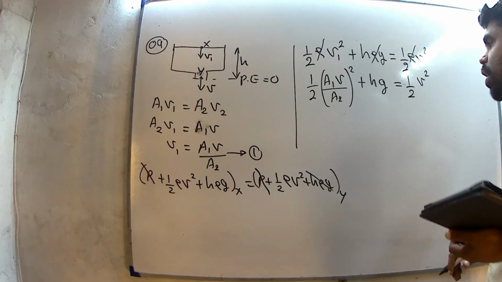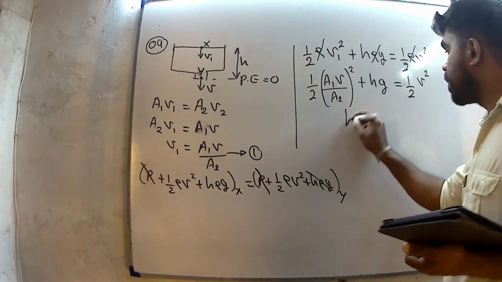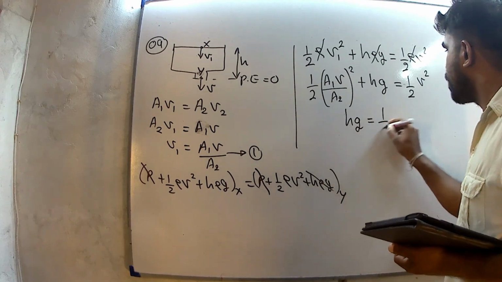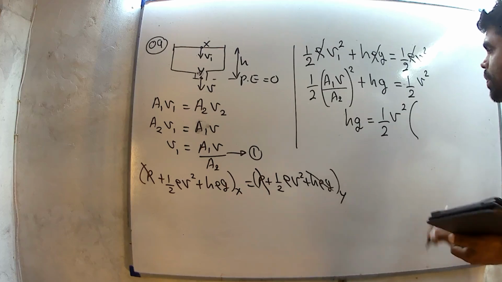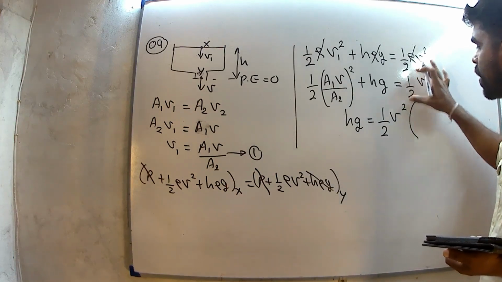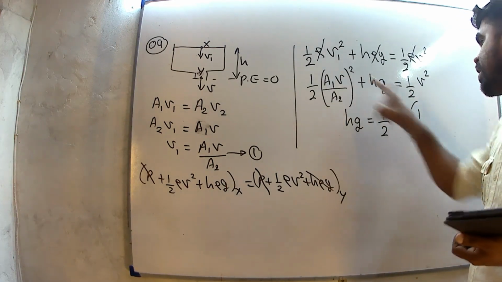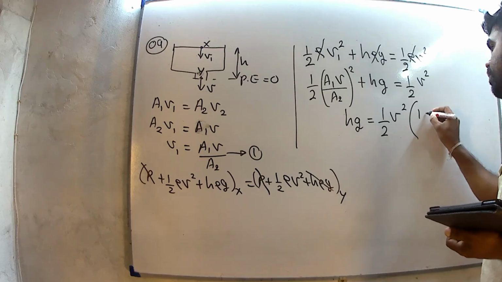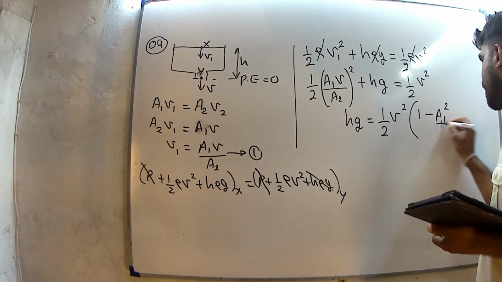Then I will bring all V terms to the right hand side. hG equals half V squared as a common factor. Dividing half V squared by half V squared gives 1. Dividing this term by half V squared gives A1 squared divided by A2 squared.